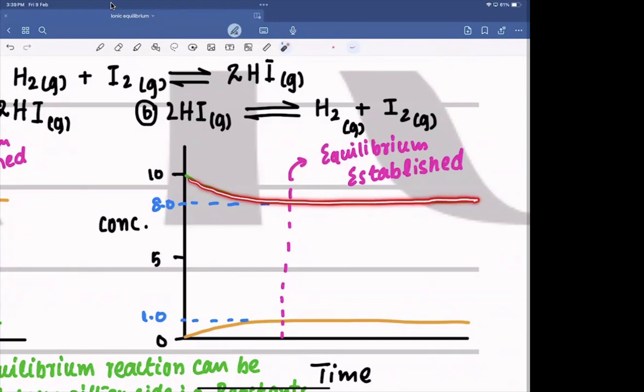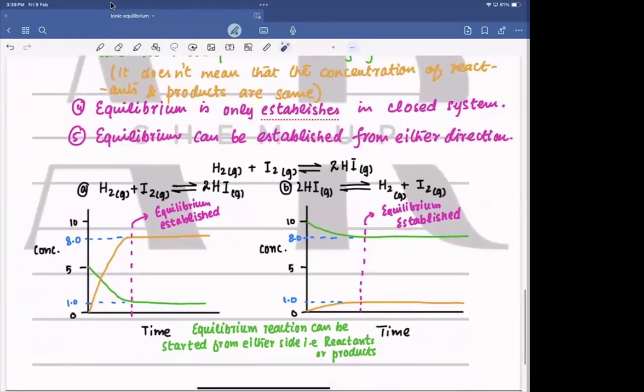Yes, sir. So if you see, 2 moles of hydrogen iodide are being used up, and the ratio is 2:1. So if 2 moles are used up, then only 1 mole is formed, and after 1 mole of hydrogen and iodine is formed, the equilibrium establishes, and there will be no more formation over here as well. So see, here we started with hydrogen and iodine, and at equilibrium we got 1 mole of hydrogen, 1 mole of iodine and 8 moles of hydrogen iodide, right?